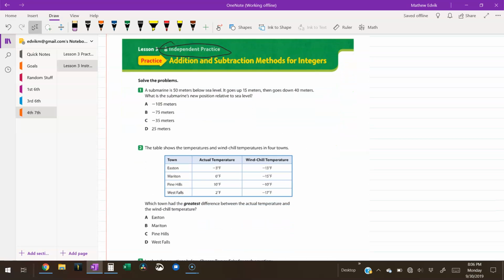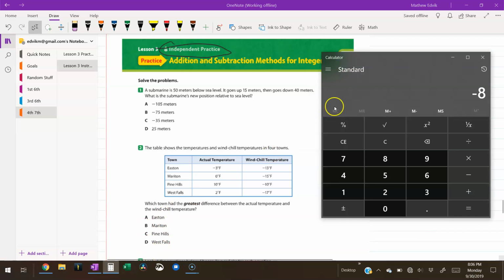Okay, a submarine is 50 meters below sea level. It goes up 15 meters, then goes down 40 meters. What is the submarine's new position relative to sea level? So this one you should be able to use a calculator for.